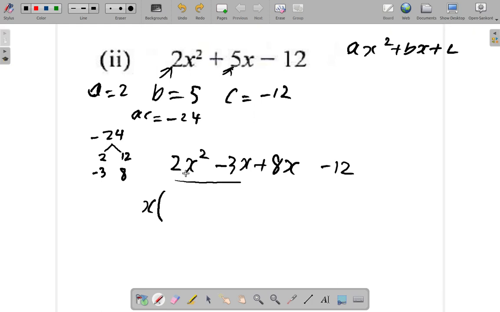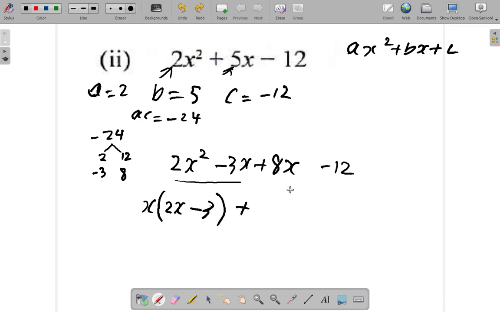What I would want you to do is pause the video and finish this off and see what you get. Alright, let's see if you got the same thing as what I did. So you have x times the number here gives you 2x squared. So this is 2x minus x times this number that you're going to write here will give you 3x. So that's 3.